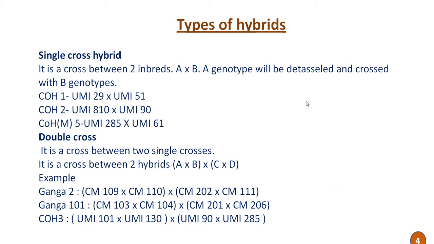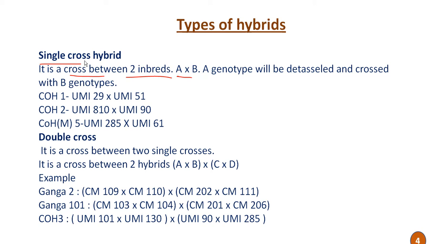And there are different types of hybrids in case of maize, in which first is a single cross hybrid. That means it is a cross between two inbreds. Say suppose A and B, when there is a cross between these two inbreds, it is called a single cross hybrid.